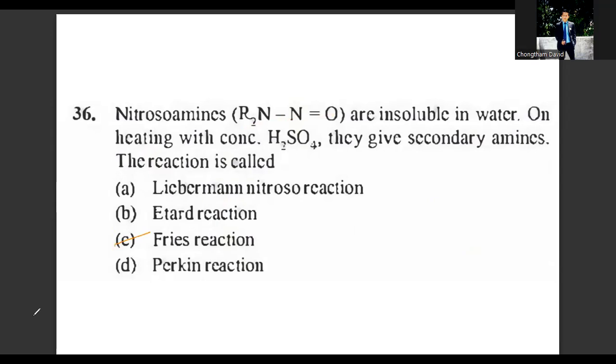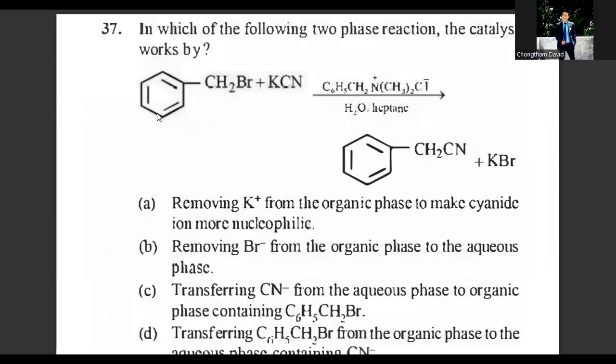Question number 37. In which of the following two-phase reactions does the catalyst work by which of the following methods? In the first case, you have removal of this potassium ion from the organic phase to make cyanide more nucleophilic. In the second, removal of this bromide.